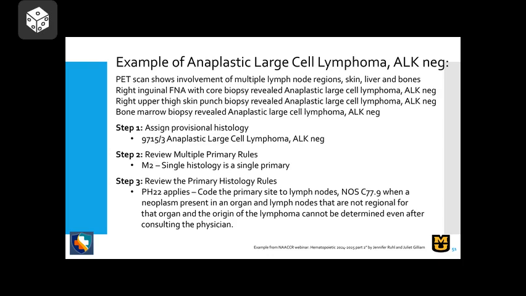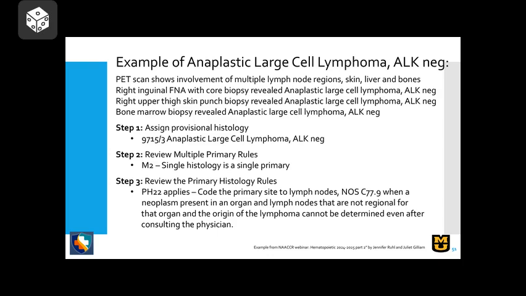Step 1. Assign a provisional histology. Anaplastic large cell lymphoma, ALK negative, is 9715/3. Step 2. Review the multiple primary rules. Rule M2. A single histology is a single primary. Step 3.